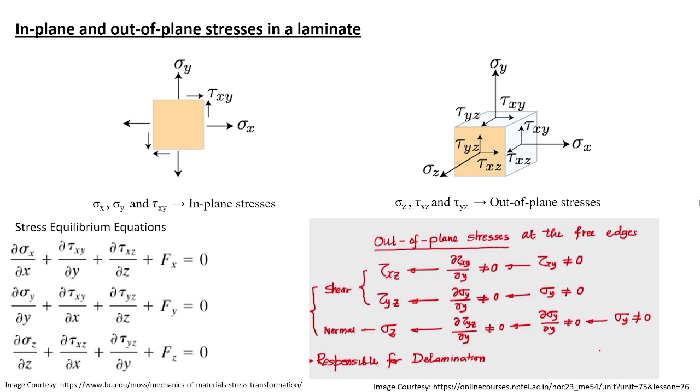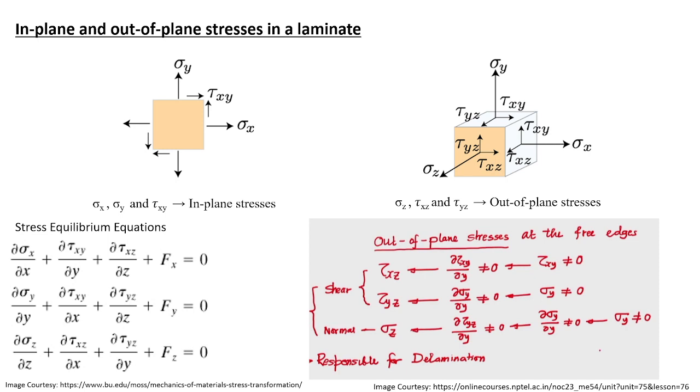As you can see on your screen, when we consider it in 2D, there are three types of stresses: sigma x, sigma y, and tau xy. Whereas when we consider it in 3D, by removing the assumption of the classical laminate theory that it is a very thin-walled laminate, we get the out-of-plane stresses. Now, because of these out-of-plane stresses between the laminas, there is a failure which is called delamination.